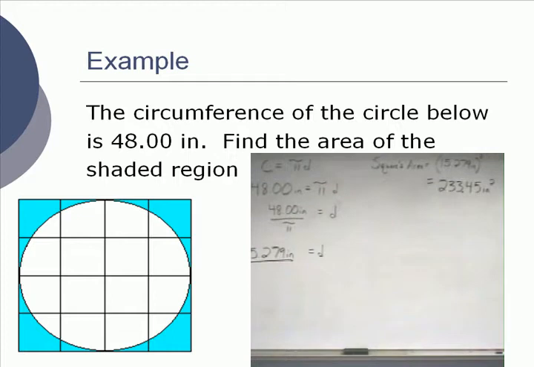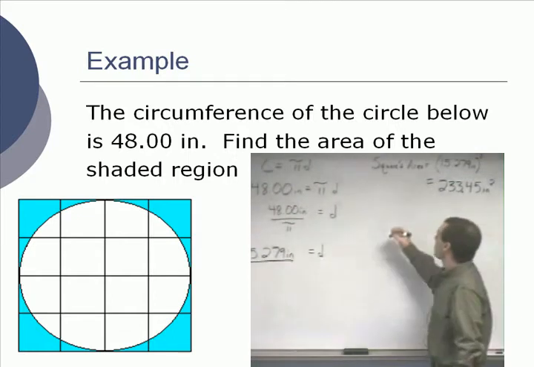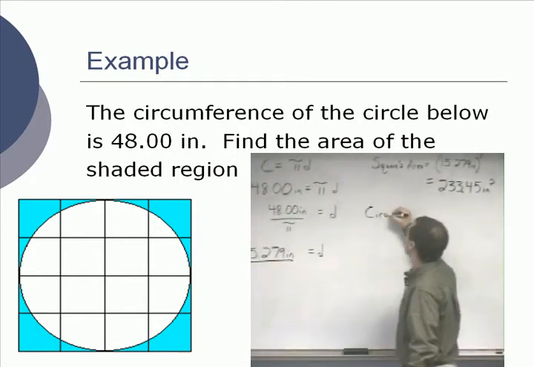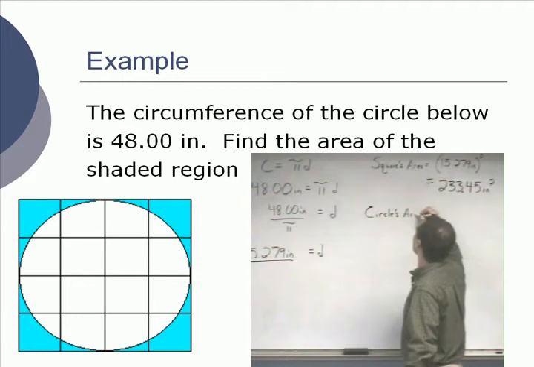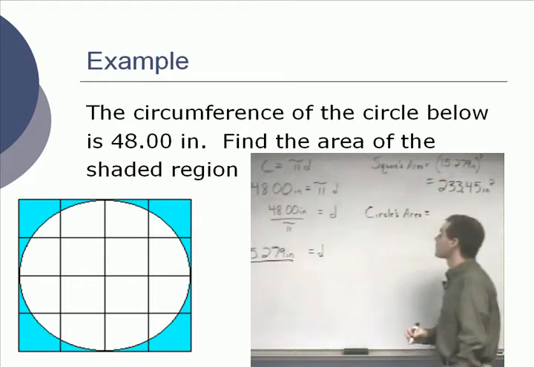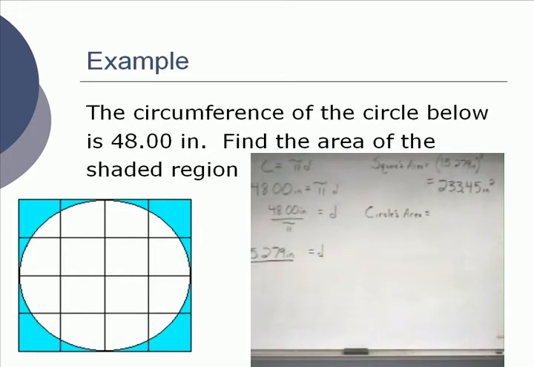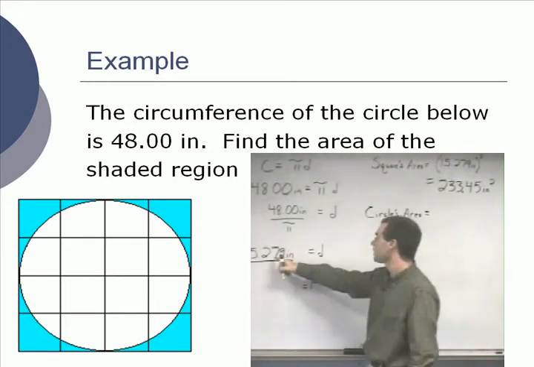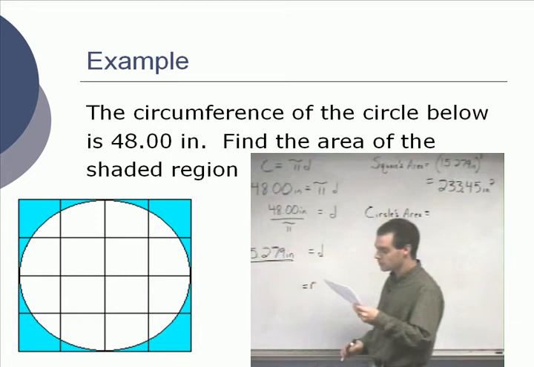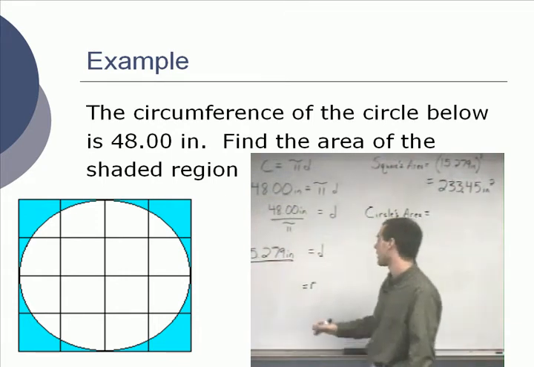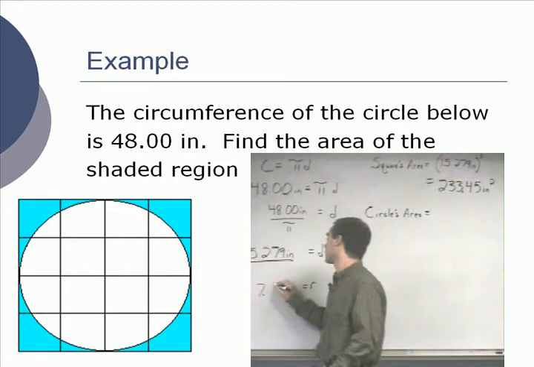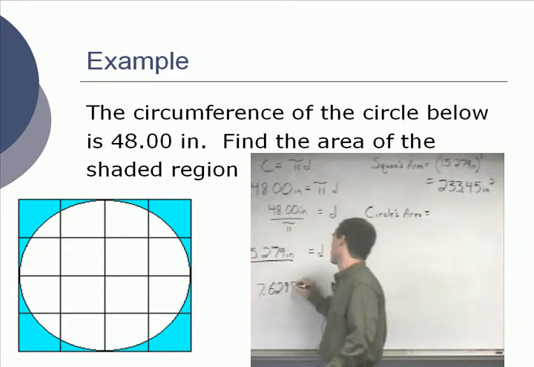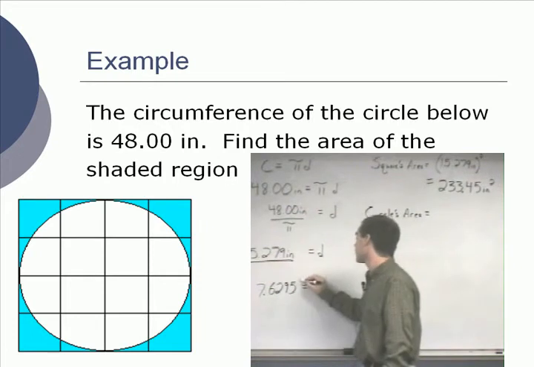Circle's area. Well, find the area of the circle. We're going to take pi times the radius squared. We need to go back to the diameter and divide it by 2 to get the radius. 15.279 divided by 2 gives us a radius of, didn't write it down, 7.6395 inches.